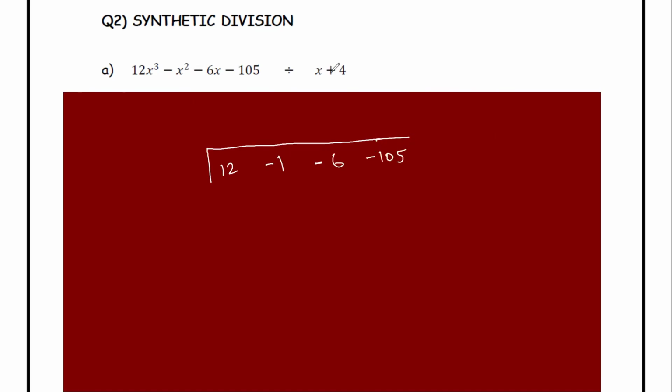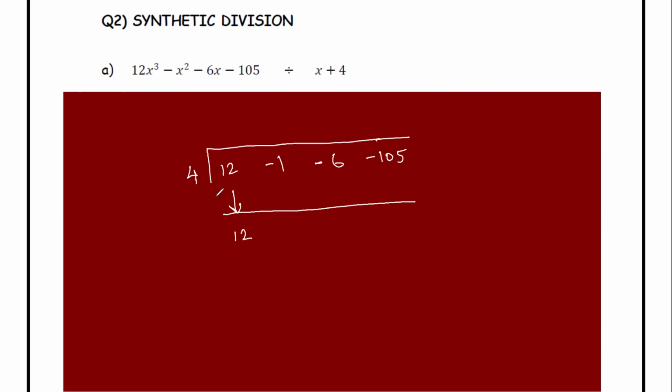Now out here you write down plus 4. Whatever is not x, you write down out there with the sign. So it's plus 4. In the previous example which I did, it was negative 3, I think. Now leave a gap and draw a line. Bring down the 12.